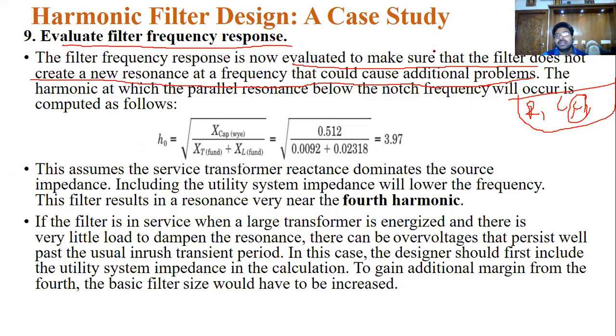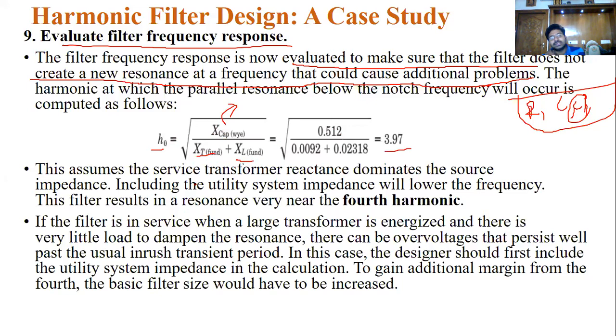Then what type of frequencies are we designing that filter for, where you are taking some assumed values? So this is going to filter the values. You are going to get the X cap value. You know what the X cap value is: under the fifth order harmonic, the capacitive reactance value, and the transformer inductance value under the fifth order harmonic. Now see this value, 3.97.